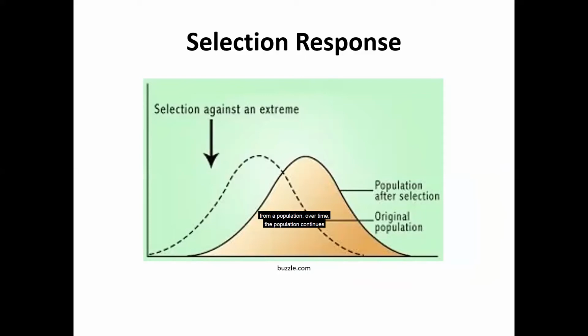If we practice selection against an extreme that we don't like, and we remove those animals from a population, over time the population continues to be normally distributed, but it moves, in this case, from left to right in a desired direction.